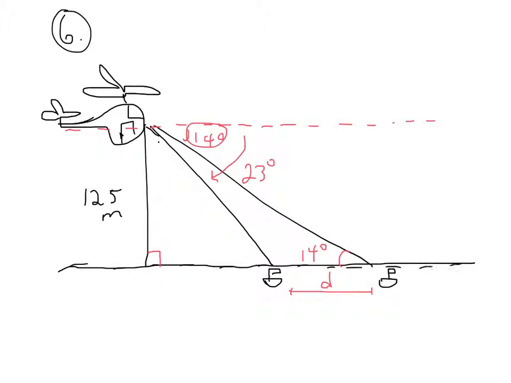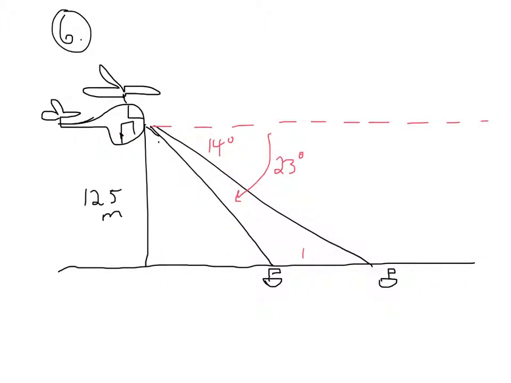The ground and that line of sight are parallel, and so this line cutting across forms a transversal, which allows us to declare that the other lines are alternate interior. So therefore I can say that this is 14 degrees because we have alternate interior angles here and here.